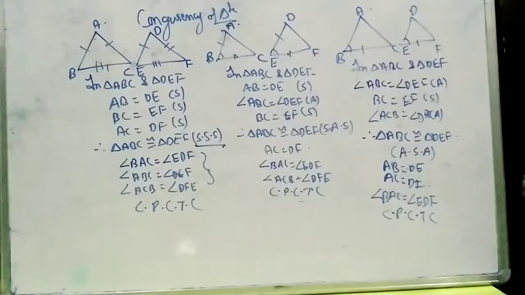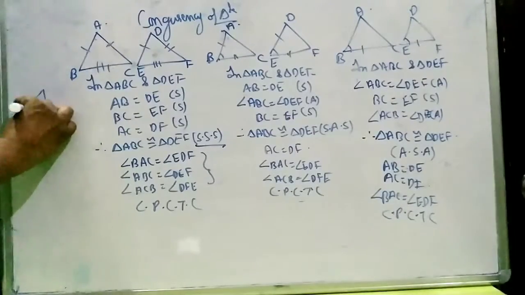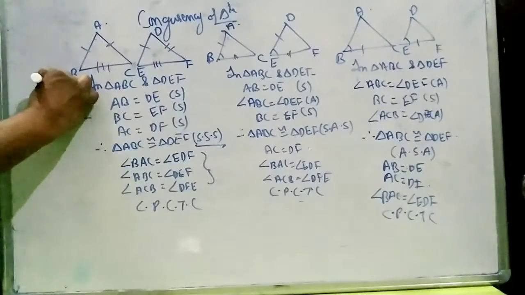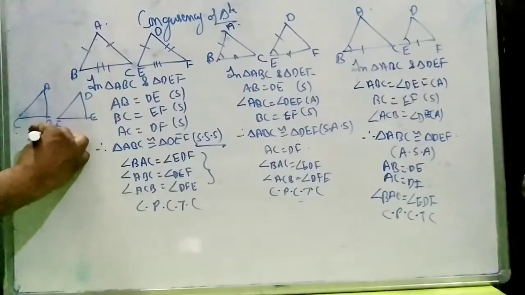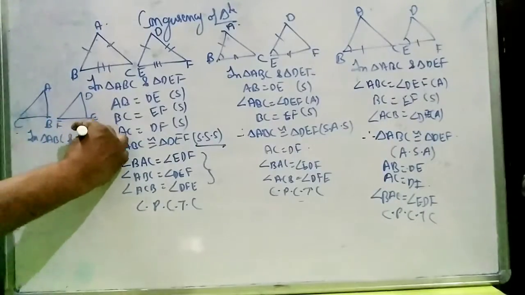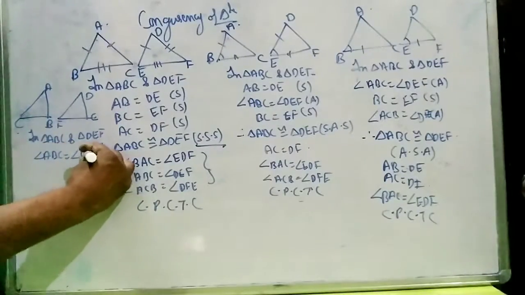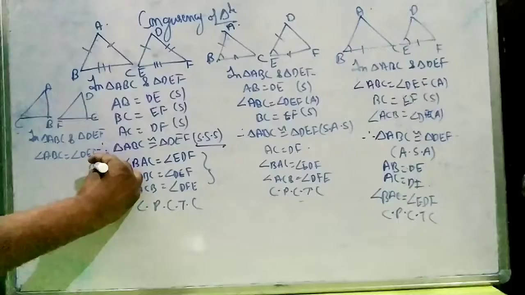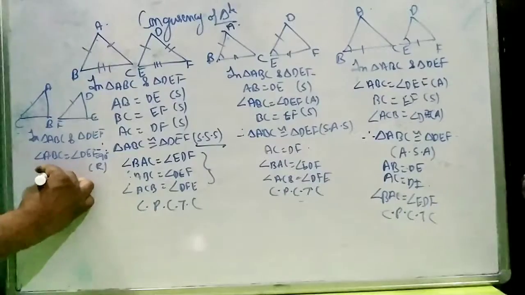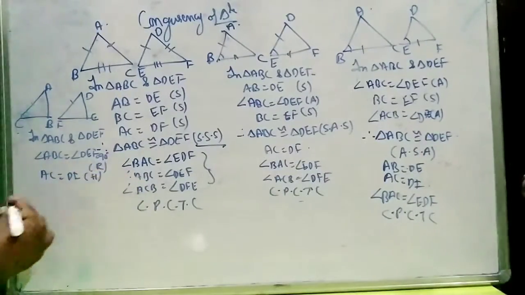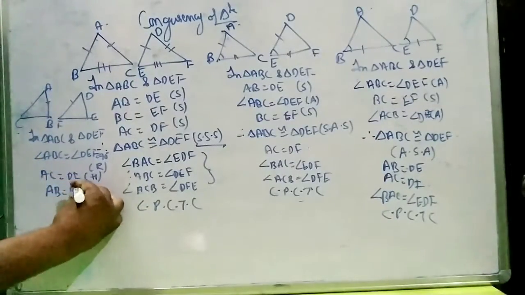Is this clear? Now the next is, when the two triangles are taken, each having an angle of 90 degrees. In triangle ABC and triangle DEF, angle ABC is equal to angle DEF, both are equal to 90 degrees, that is, right angle. The hypotenuse AC is equal to DF, that is H, and one of the sides which has been given, AB is equal to DE, this is a side.